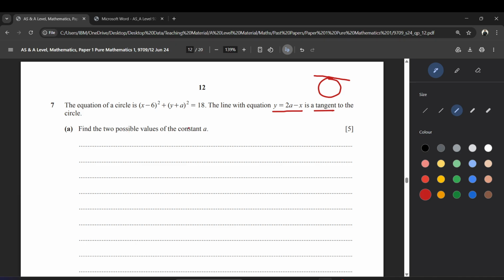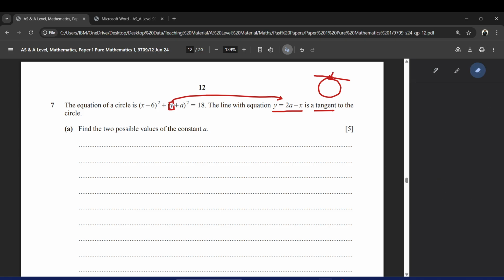Now, whenever we need to find intersection points, that is kind of saying that we are solving two simultaneous equations, right? So here, if I substitute the y in this equation with 2a − x, my whole equation is now in terms of x.